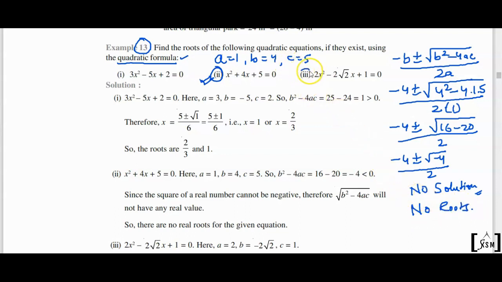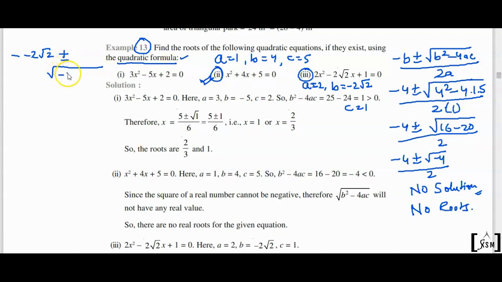Have a look at number 3. Again the same concept. A value is 2, b is negative 2 root 2 and c is 1. So we'll be using the quadratic formula. So we get negative b, so it is minus of negative 2 root 2, plus minus square root of b square.